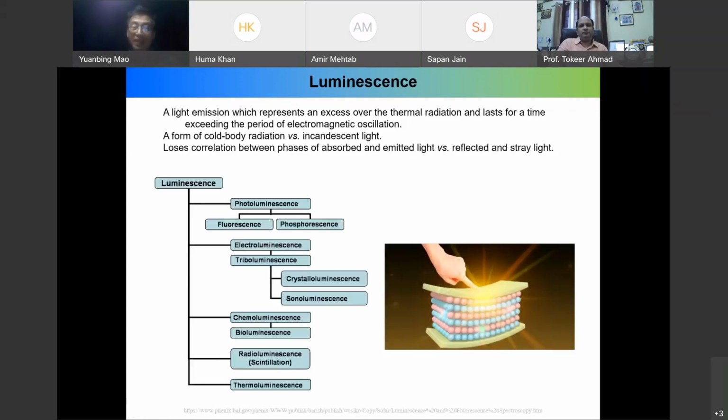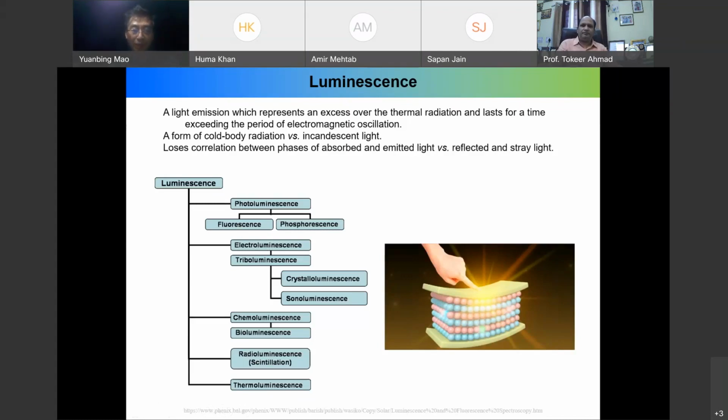There are so many types of luminescence, depending mostly on the excitation source. The most common one we talk about is photoluminescence. If it's electrically excited, it gives electroluminescence, which is how an LED works.